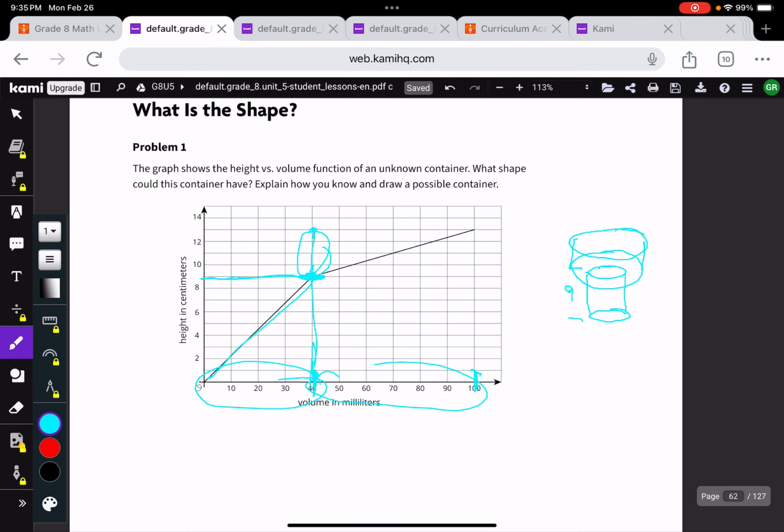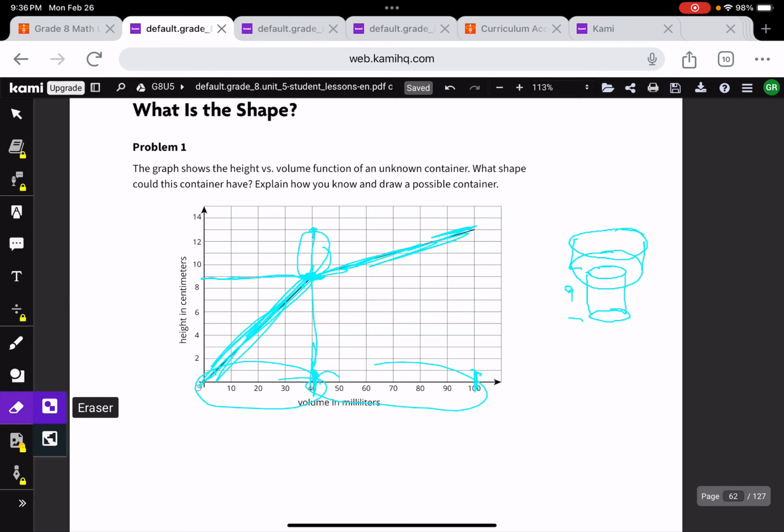Hopefully my drawing is good enough, but you can see it's kind of a cylinder on top of a cylinder. Notice the second one is a lot wider, not quite as tall, holds a lot more volume than the first one, or it should, but it's just a sketch. So at first the height goes up much more quickly for just a small amount of volume. Then the height goes up much more slowly, even though I'm adding the same amount of water.